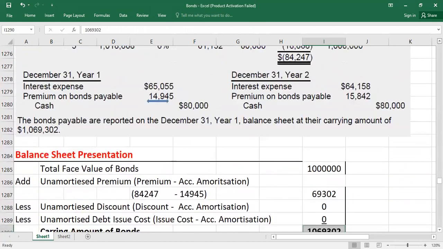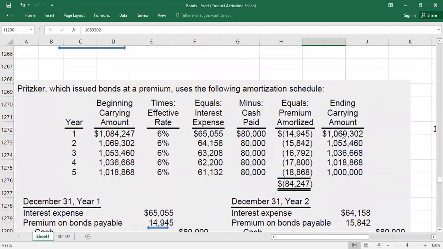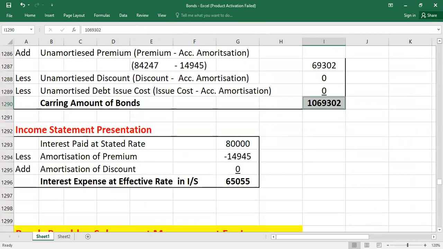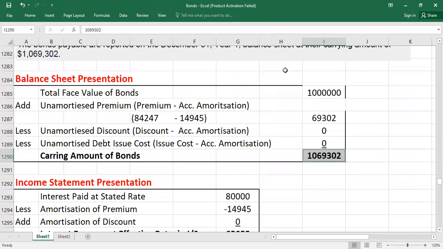This is the same carrying value at the end of the first year. The point is, to solve the question, this table is enough. But if you are working practically, you also need to be familiar with how you will present the bonds in the balance sheet. I hope it is clear.